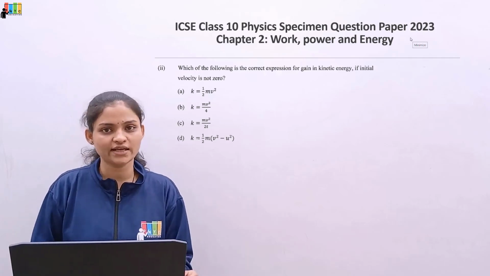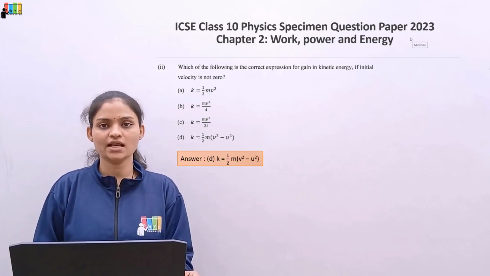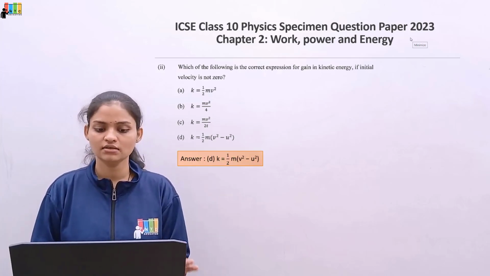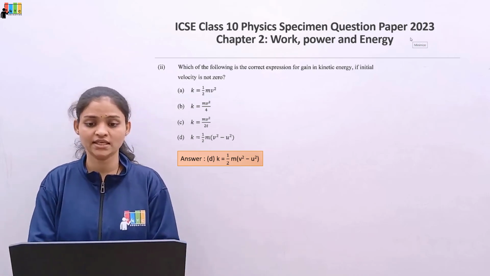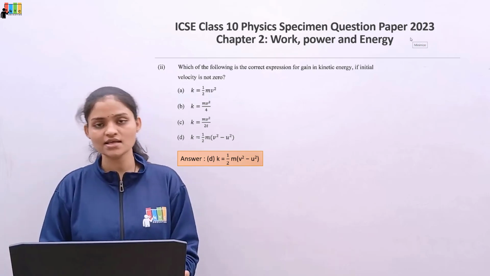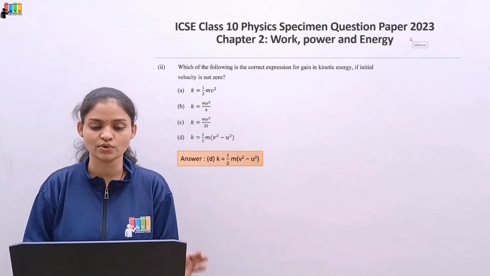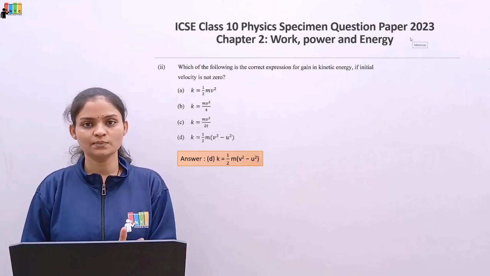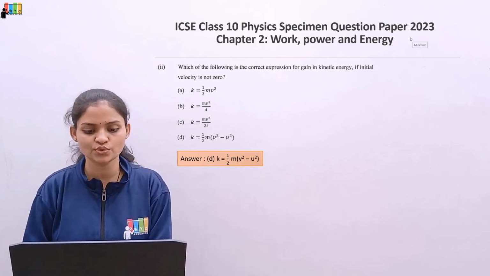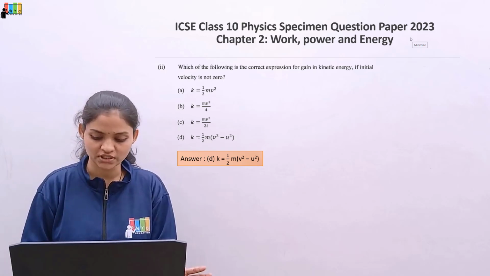So what is the correct answer? Correct answer is option D. K stands for kinetic, gain in kinetic energy. What is asked? Gain in kinetic energy. So K is equal to 1 by 2 m in bracket v square minus u square bracket complete.